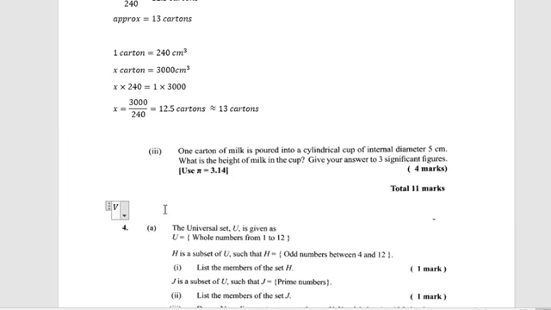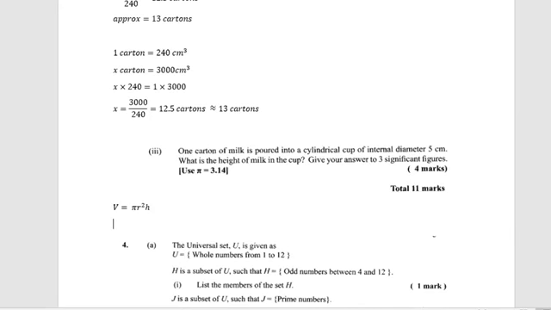So now the formula for volume of a cylindrical shape is volume is equal to pi r square h. So it is pi r square h. And they told us to use pi to be 3.14.